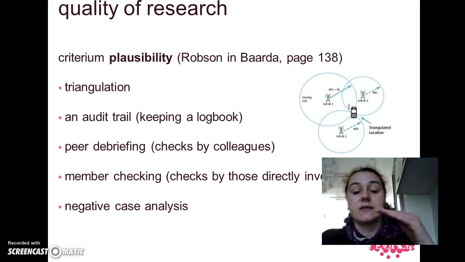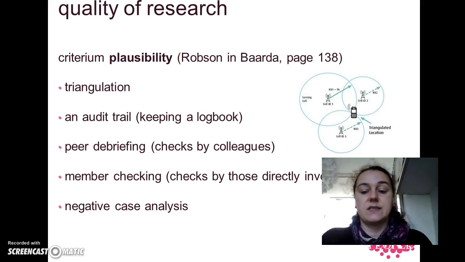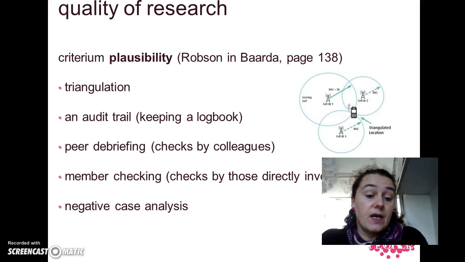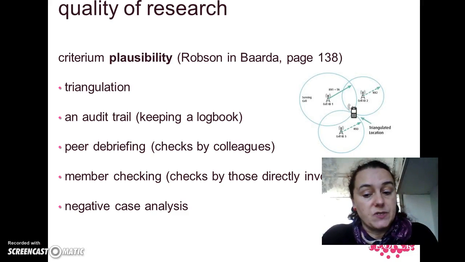Have you considered that? Did you check that type of angle? And going through these aspects will help you have a higher quality of research in the end. Then member checking, checks by those directly involved. That is simply going back to the people and asking them to confirm or, of course, deny your conclusions.